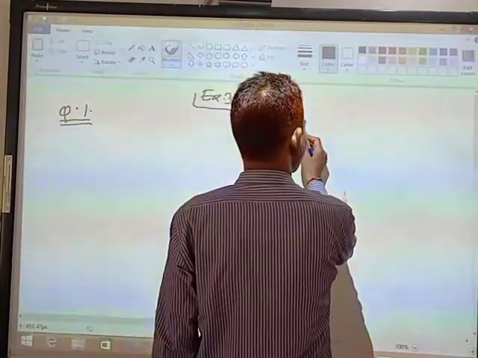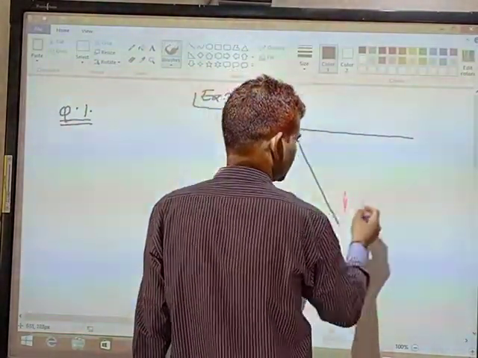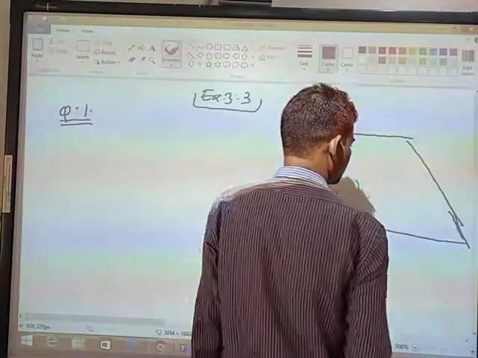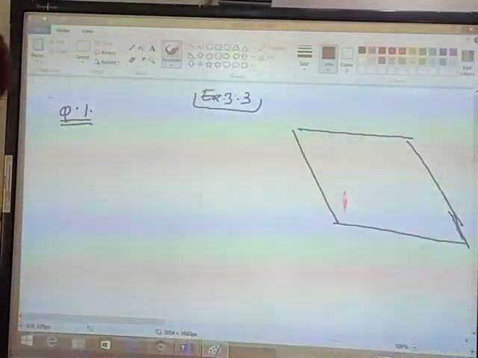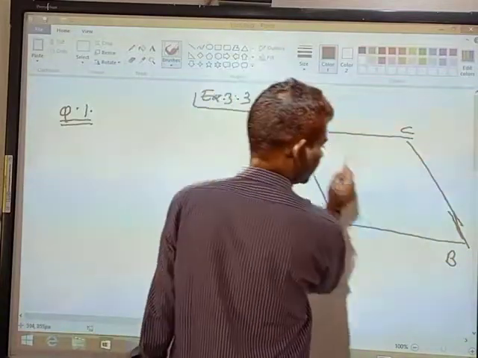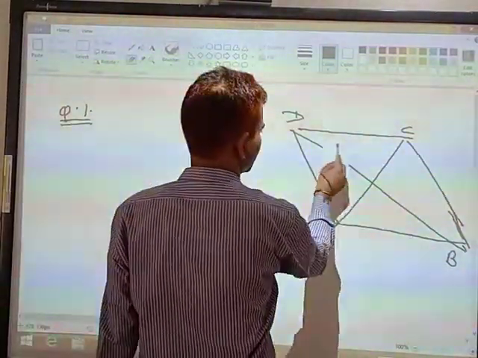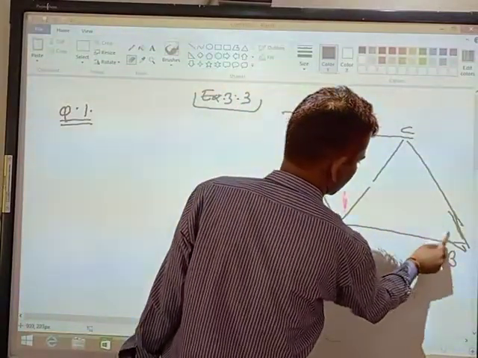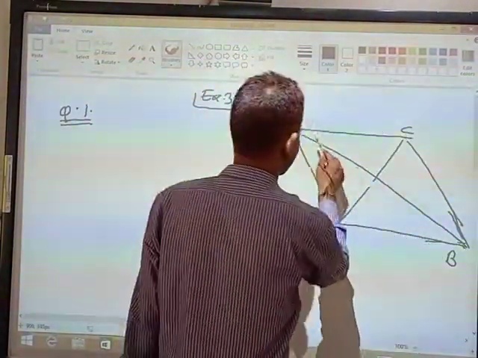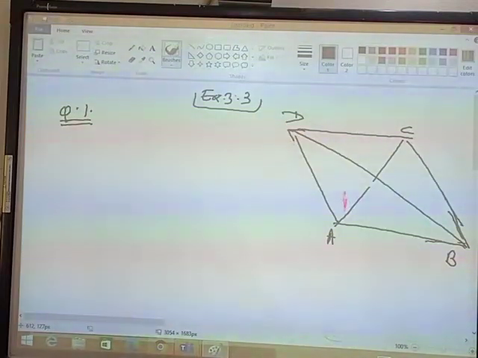Students, this is your parallelogram ABCD, and this is your O.